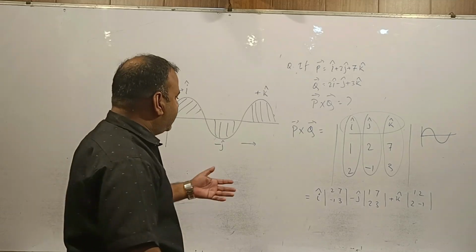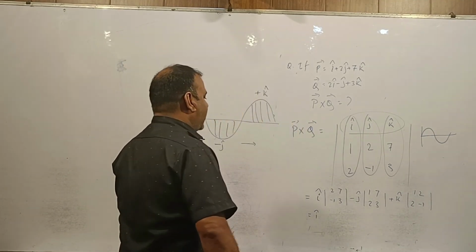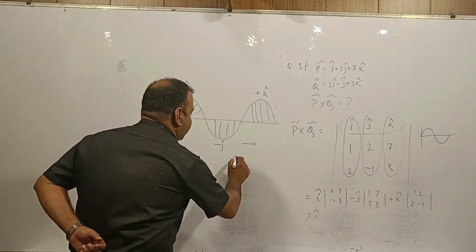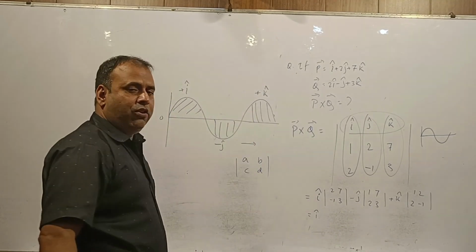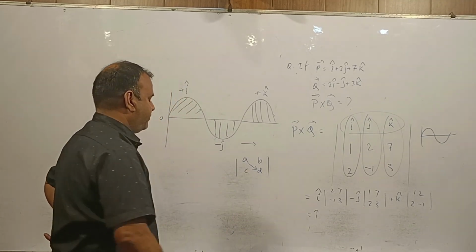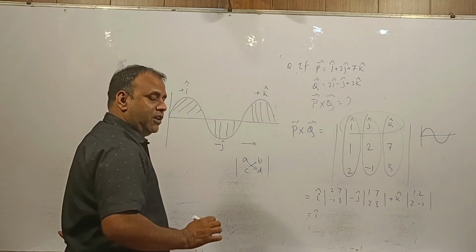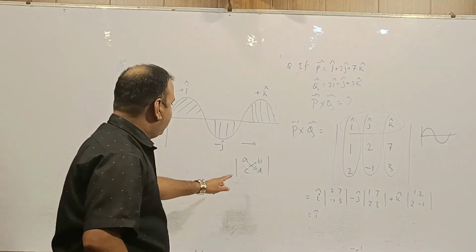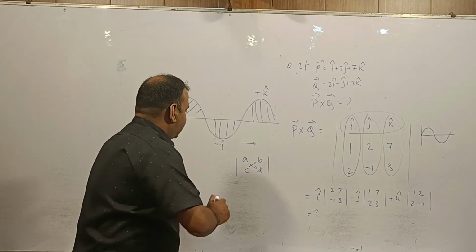So in this case, you remember i cap. There is a rule. Suppose you are given A, B, C, D. What will you do? First you have to multiply A and D. Again you multiply C and B. You remember, not D A, not C B. There is a plus minus symbol. It is very important.